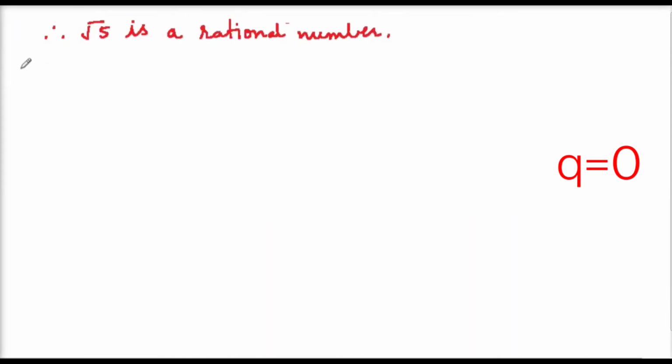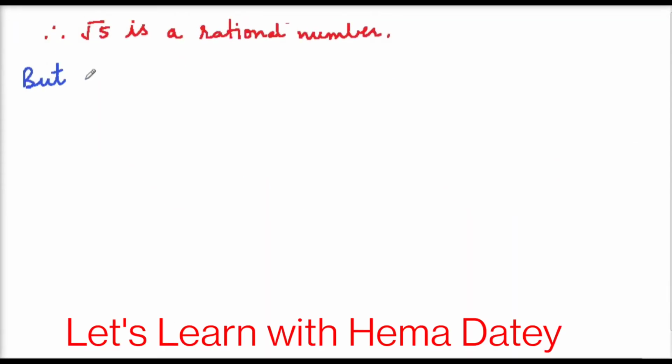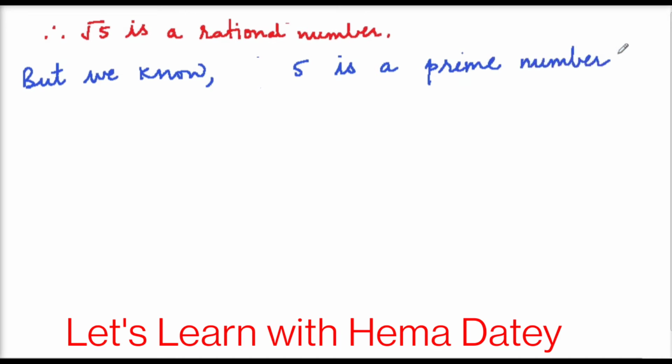But we know that the square root of a prime number is an irrational number. So we'll write, but we know that 5 is a prime number, then square root of 5 is an irrational number.